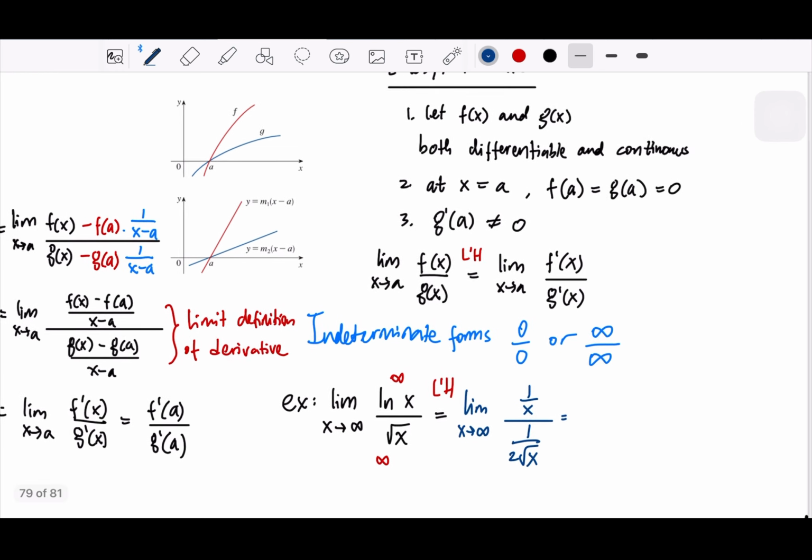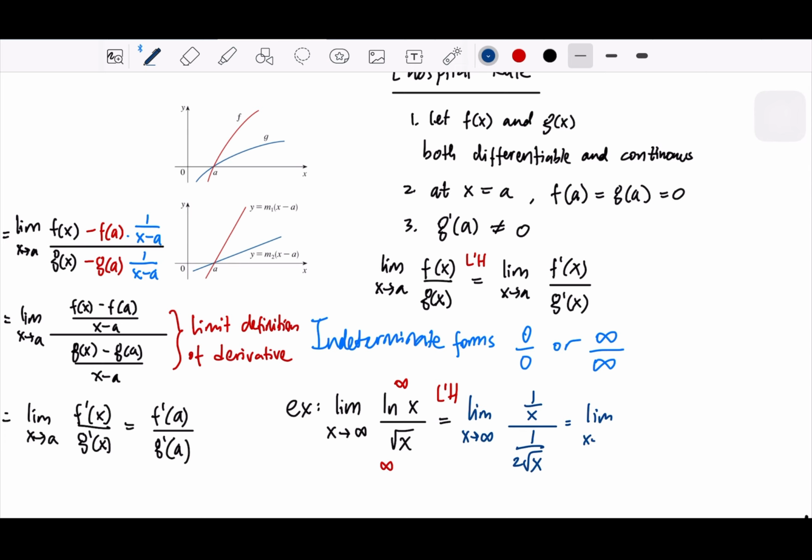So we are going to have limit of 1 over x times 2 square root of x, and then we can cancel the x and square root of x, and take another square root of x down there. And when we plug in the infinity, it will be 1 over infinity, right? So we are going to have 0.